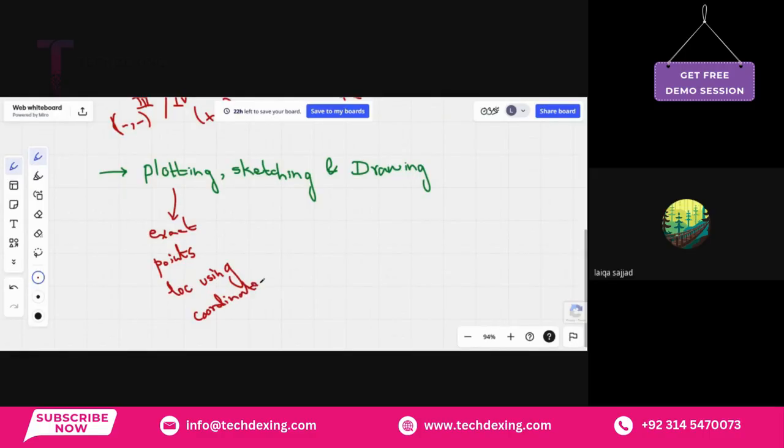This is just a rough graph, and drawing is what we say is a precise diagram.